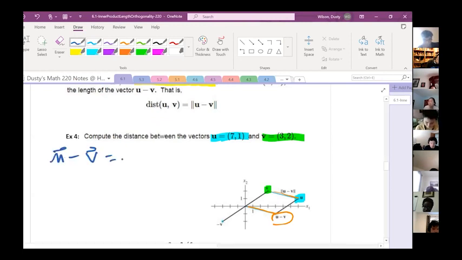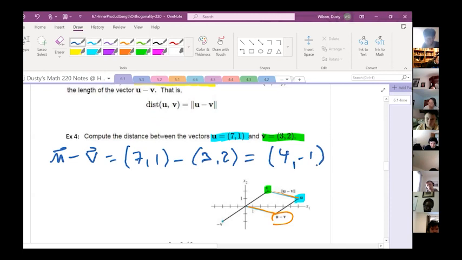So U minus V would be like (7, 1) minus (3, 2). Notice I'm using parentheses, not angle brackets, not brackets. I'm just using parentheses here for my vectors. Get (4, -1).